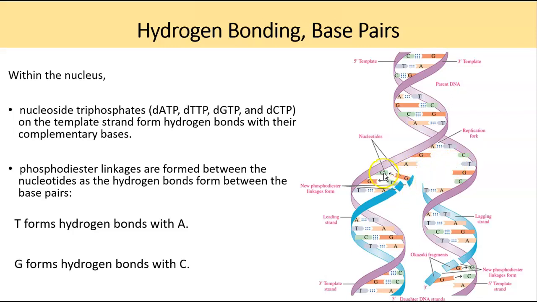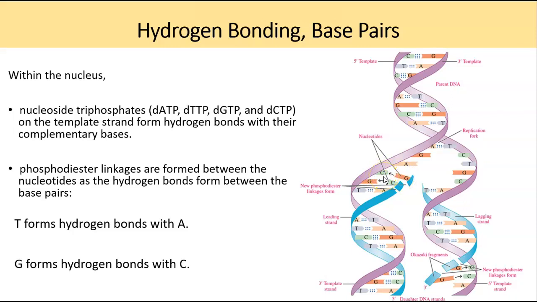We discussed these nucleotides in the previous section. Cytosine will bind with guanine, and thymine will pair with adenine.